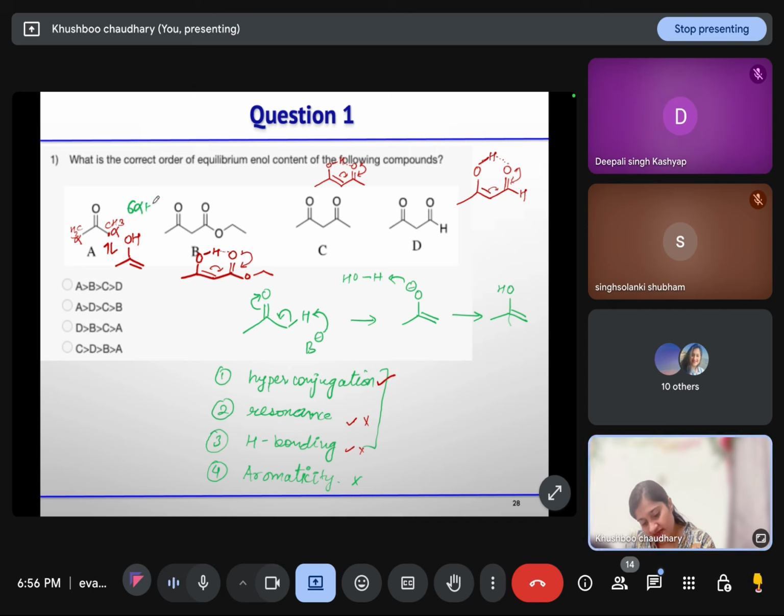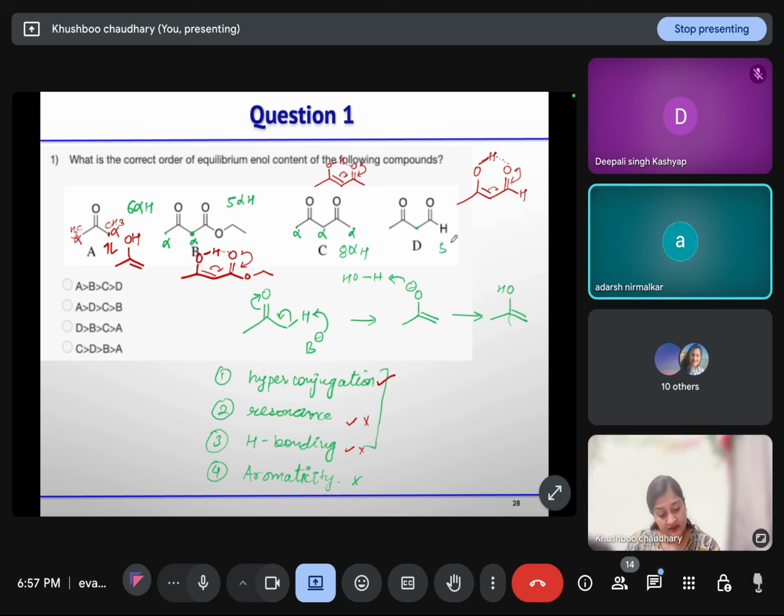So here 6 alpha hydrogens are there. Then in the second case, this is alpha, this is alpha. So here we have 5 alpha hydrogens. Then in this case, this is also alpha hydrogen. Here we have 8 alpha hydrogens. In the last case, 5 alpha hydrogens.